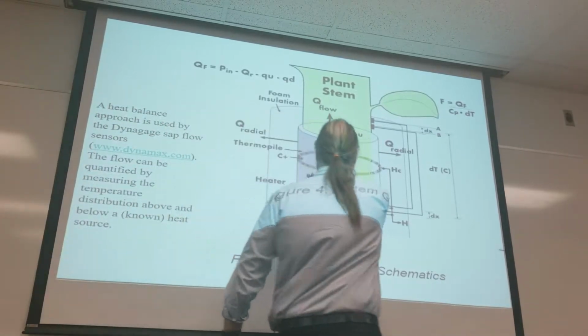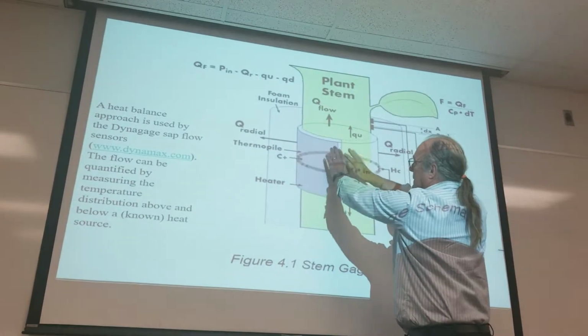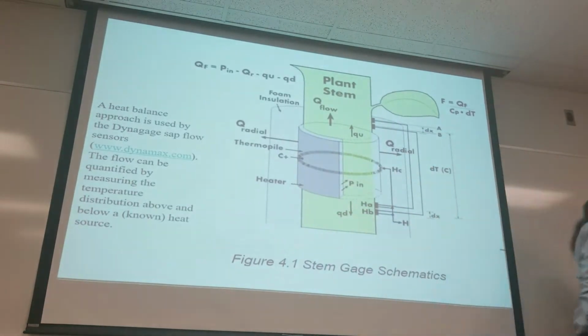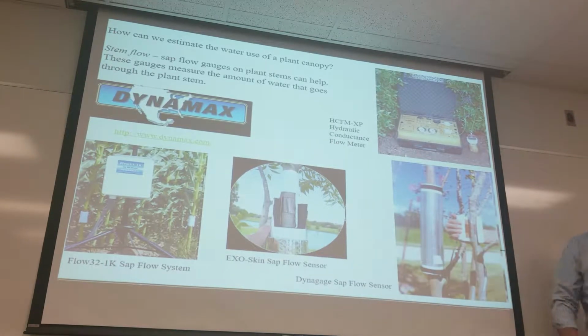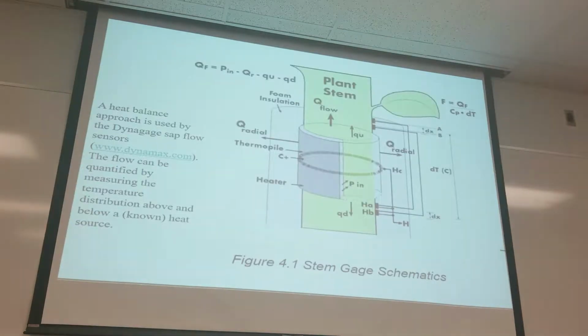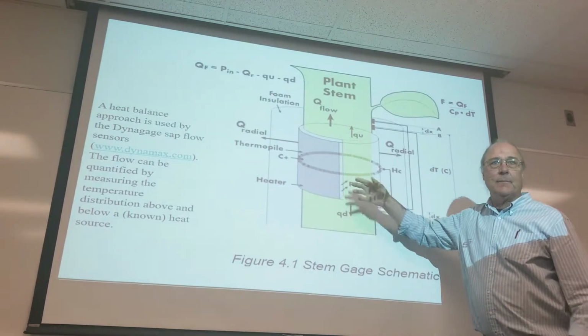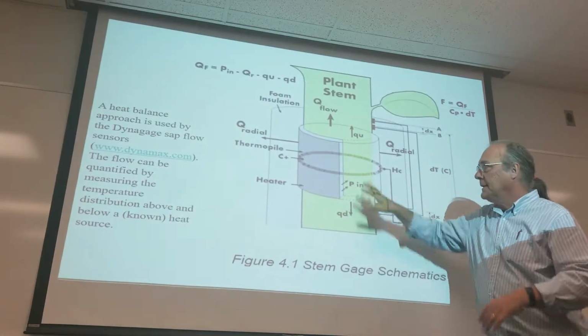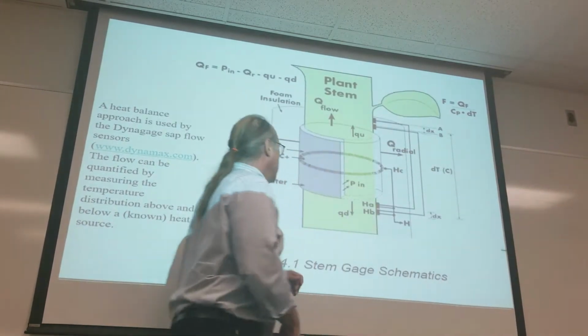Okay, so this thing has a heater. Here's the plant stem, this green part. It's got a heater that encircles the stem, right? So inside here is a heater. And you can measure how much power you're putting into the system, how much energy you're using to heat up this heater. Well, what happens to that energy you put in?